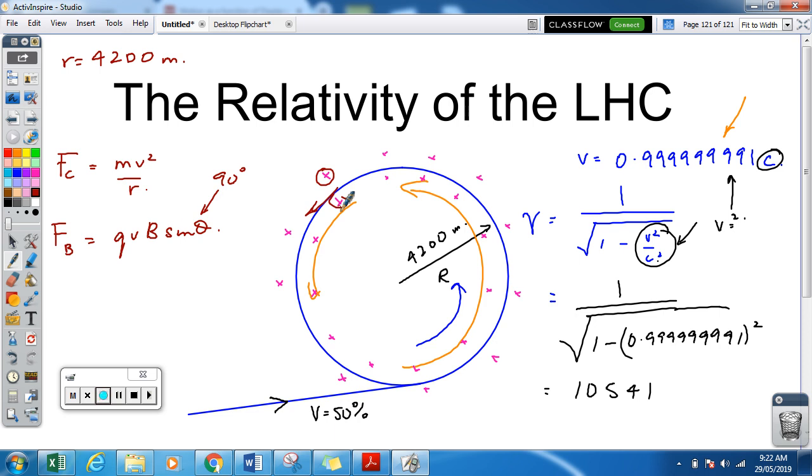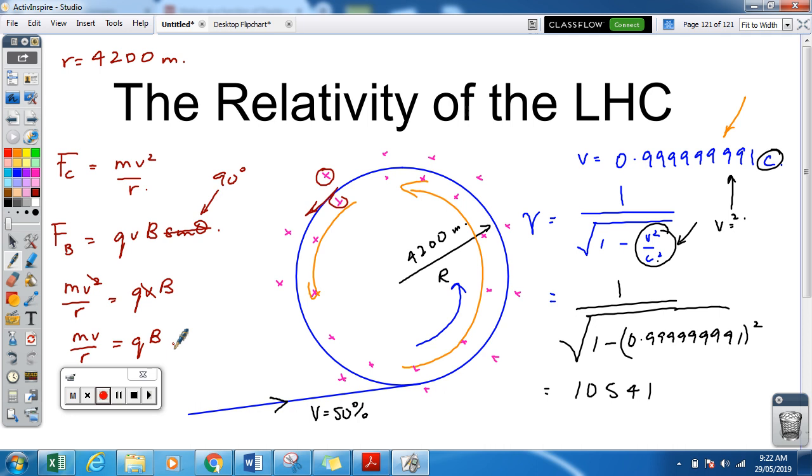Okay, so we can effectively ignore the sine theta because it becomes a 1. Equating these two, we get mv squared on r equals qvB. And finally, just simply cancelling, we get mv on r equals qB. And we'll use that relationship to determine what we need as we go through.